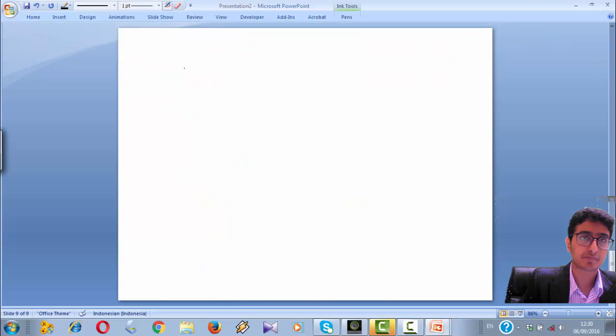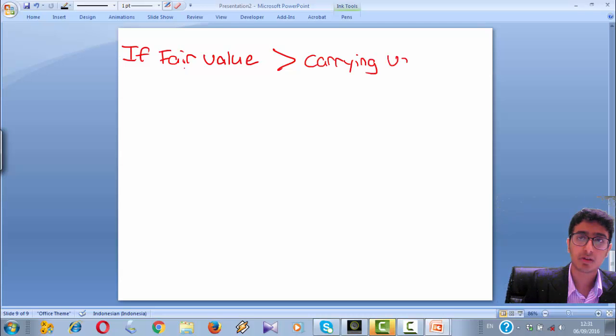Now, if the fair value of the asset is greater than the carrying value, this is what we call a revaluation upwards, or a surplus.